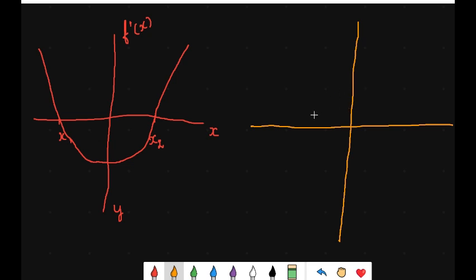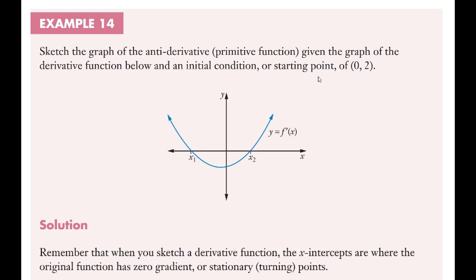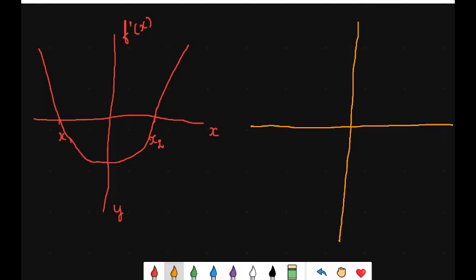It's okay. Now, the one thing that we know, going back to the book question, is that my function does go through (0, 2). So I marked that here. Let's say this is 1, this is 2, I don't have to put more than that.